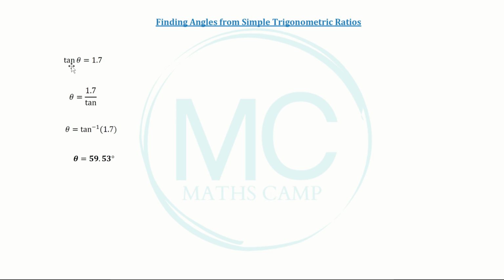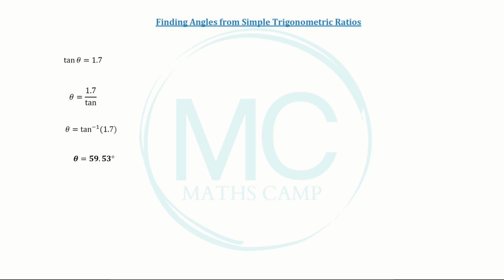You can simply jump from tan theta up here to tan to the negative 1 down here, as long as you remember that when you are moving a trigonometric ratio from one side of the equal sign to the other, you change the ratio to the inverse. So tan becomes tan to the negative 1. And this applies for sine and cos as well. It is important to remember this especially when the value you are working with is a fraction.